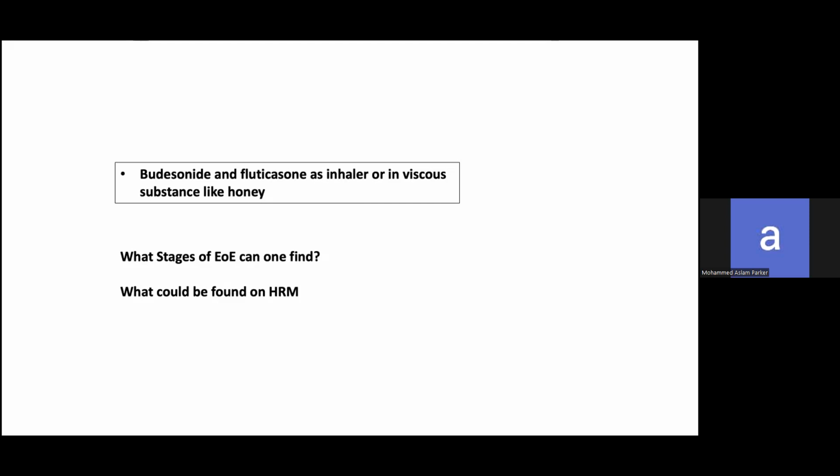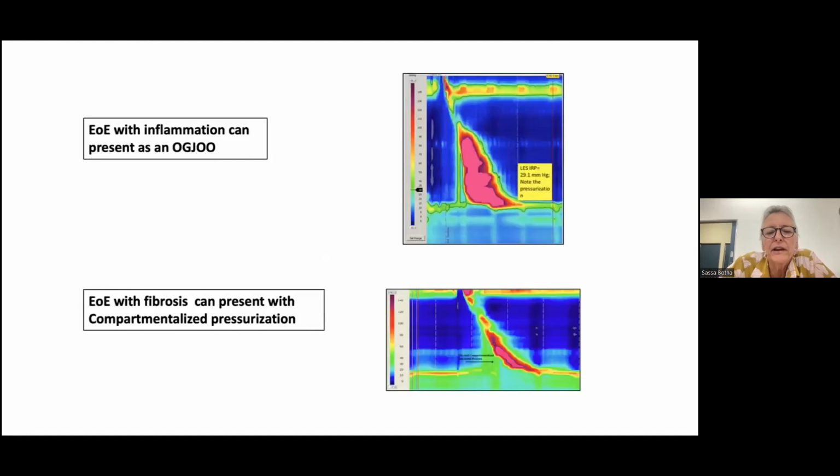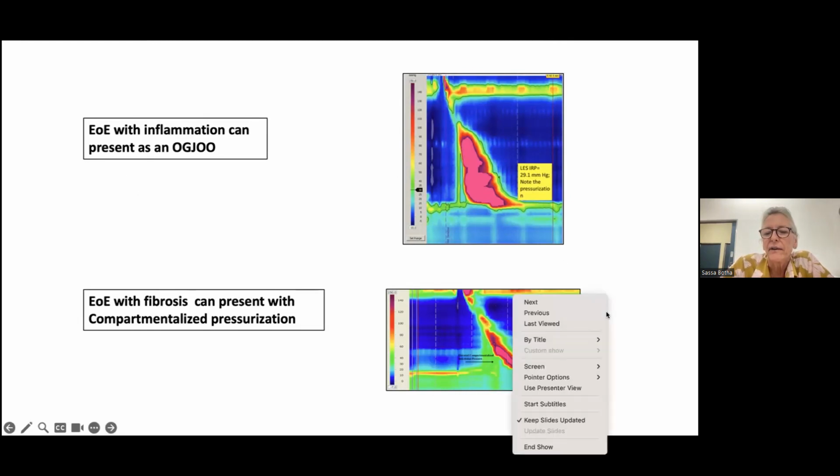So what do you think you can find there? Would your IRP be raised? Yes, your IRP. So it can present like an OGJ outflow obstruction. Or if it's fibrotic, then because it can't expand your esophagus, you get compartmentalized pressurization, like over here. Okay.